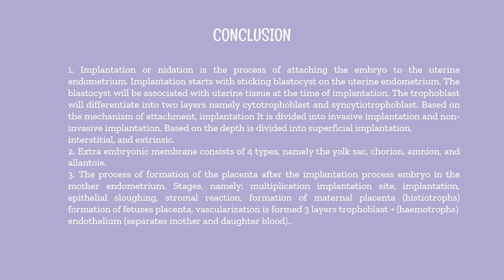Third, the process of formation of the placenta after the implantation of the embryo in the mother's endometrium has the stages of multiplication of the implantation site, implantation, epithelial sloughing, stromal reaction, formation of the maternal placenta, histiotrophs, formation of the fetal placenta, and vascularization, forming a 3-layer trophoblast plus hemotrophs. The endothelium separates the mother's and child's blood.